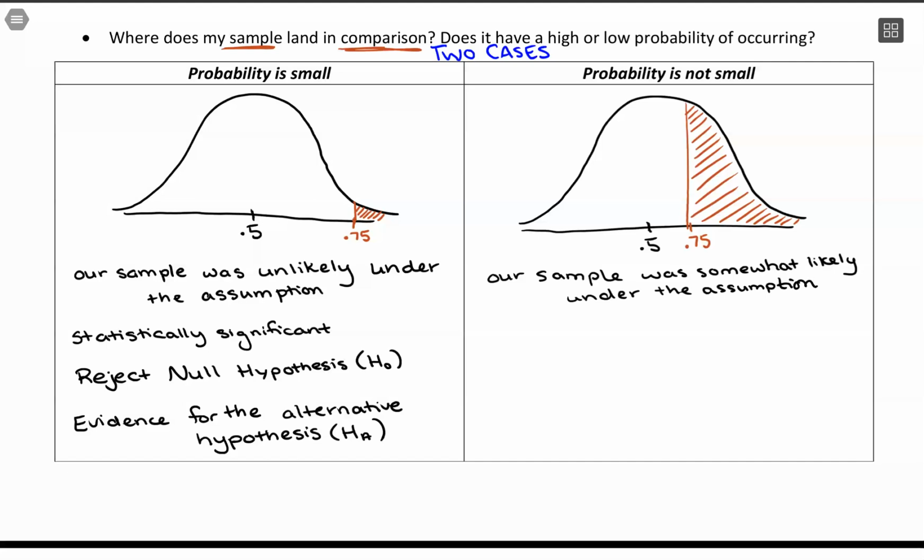So basically getting 75% out just by random variation is a somewhat likely outcome. So this would be a case that is not statistically significant, because we basically saw something that could happen with a fair coin.